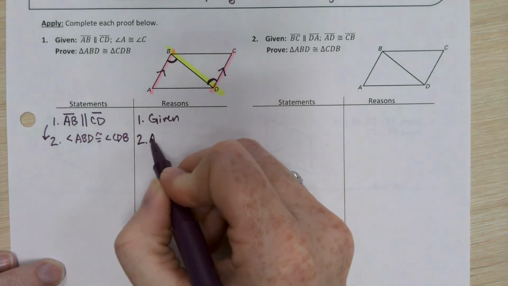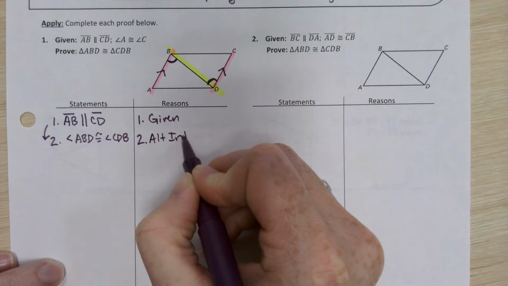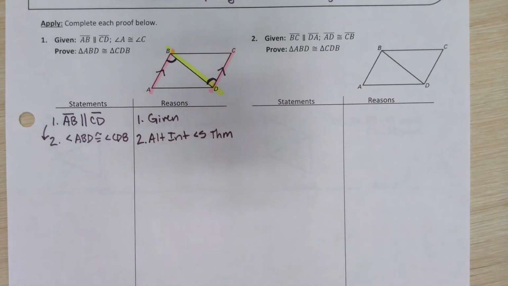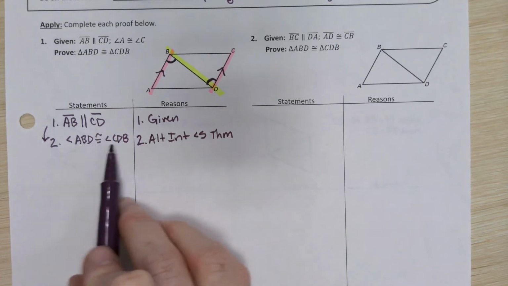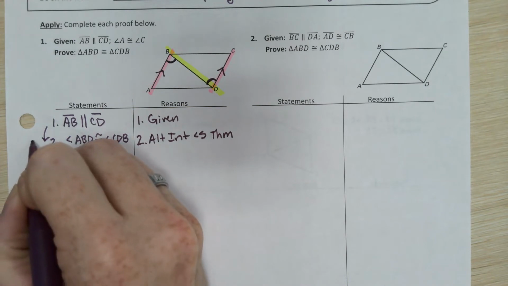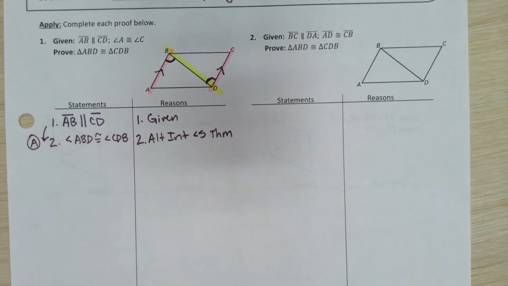And those are alternate interior angles. So my alternate interior angles theorem, not the converse, but the theorem, tells me that those 2 angles are congruent given those parallel segments. I can mark that with an A to show that I've accomplished a pair of congruent angles.